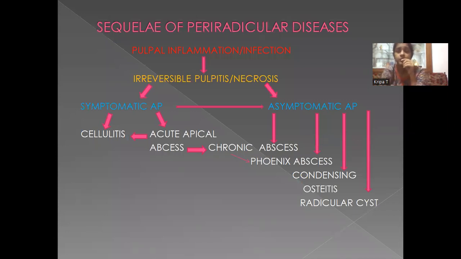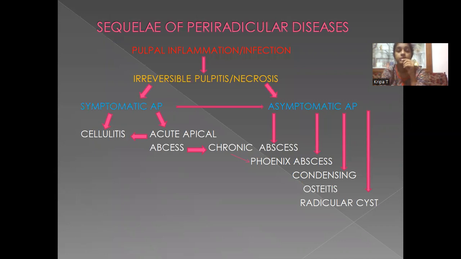This slide is very important. We should know the sequelae of periradicular disease. What happens following a pulpal inflammation? This will create an irreversible pulpitis or rather necrosis, which can form either a symptomatic apical periodontitis or an asymptomatic apical periodontitis.